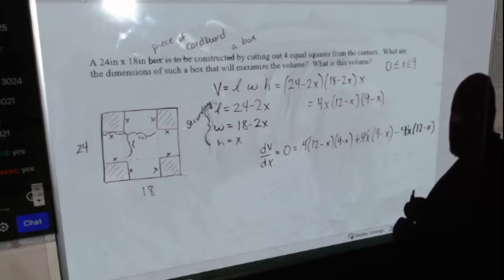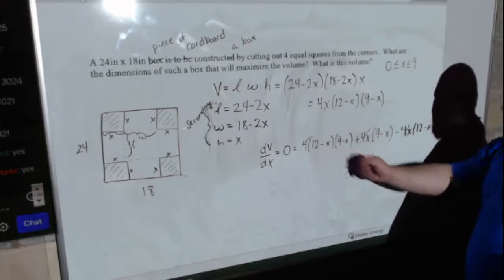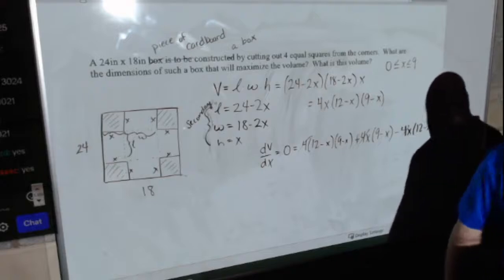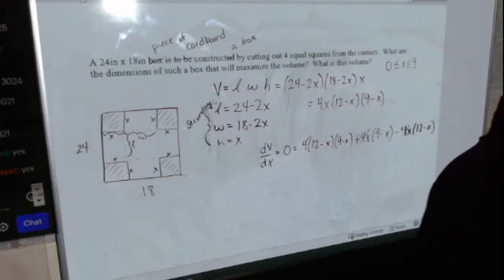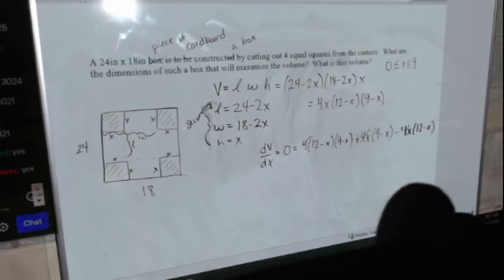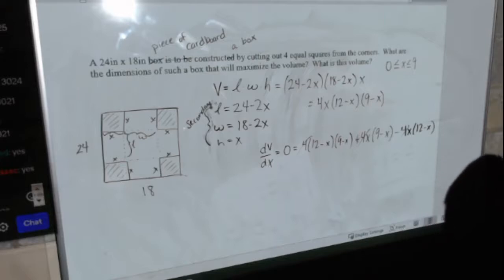And then I think that's about as much as I can do besides going ahead and multiplying this out. So I just need to know what is that multiplication. So that's 108.